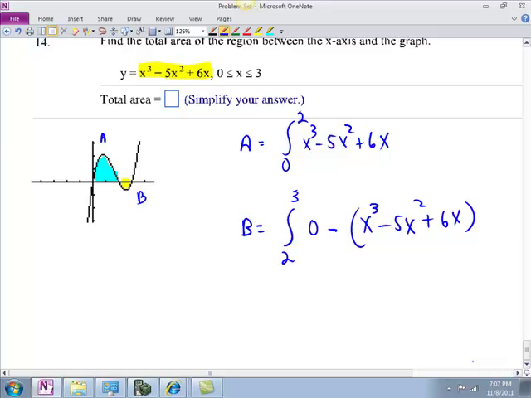Oh, okay, yeah, part A is that. I got 337 over 12. Okay, perfect. I got negative. I got 8 thirds.